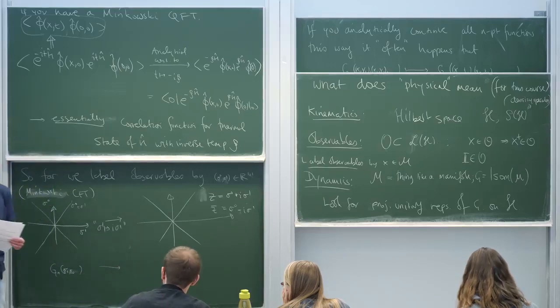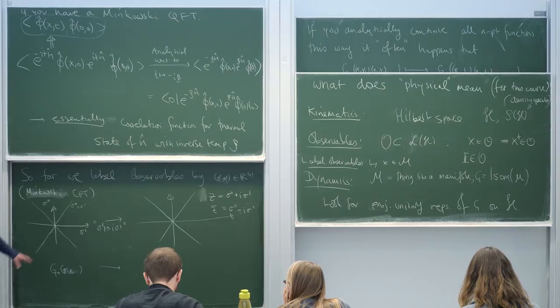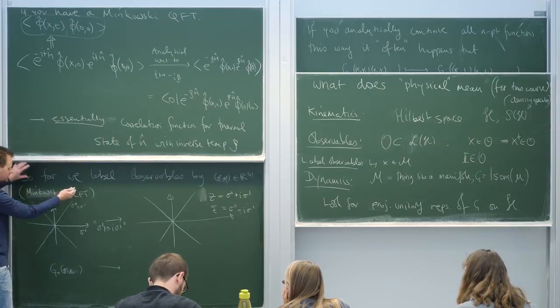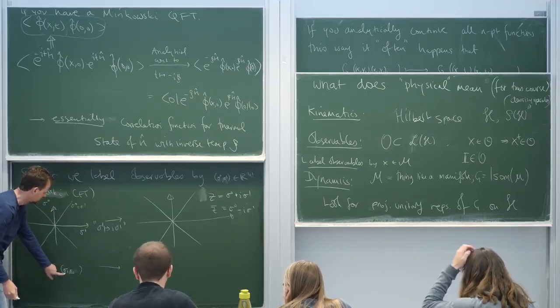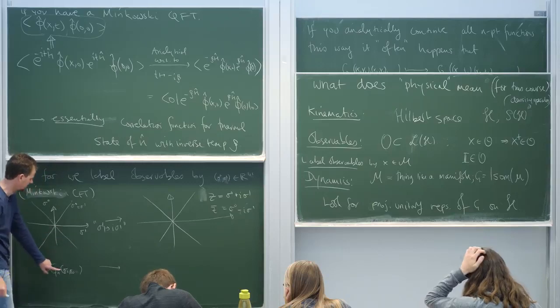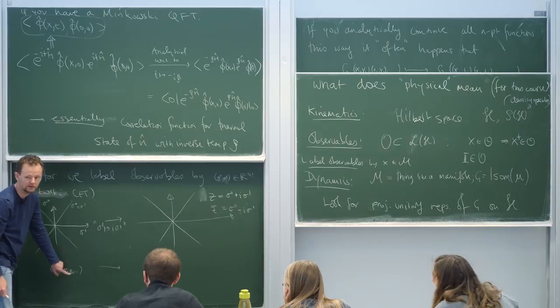This is this analytic continuation step. So this theory here, we have our Minkowski conformal field theory. All its correlation functions are labeled by points in Minkowski space. These are just sigmas, these vectors of sigmas here.